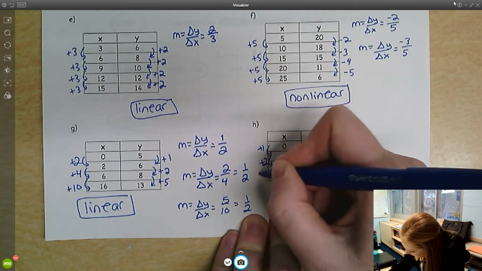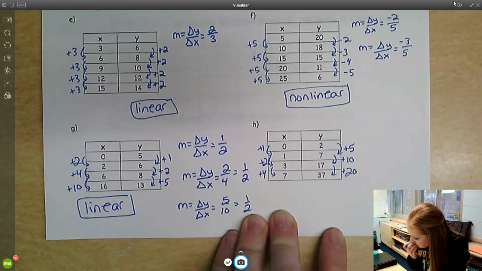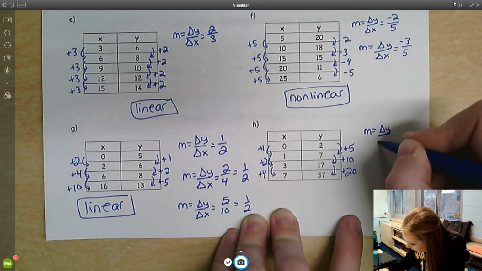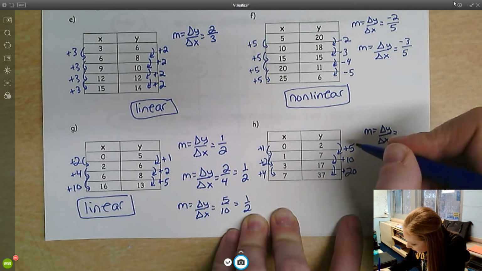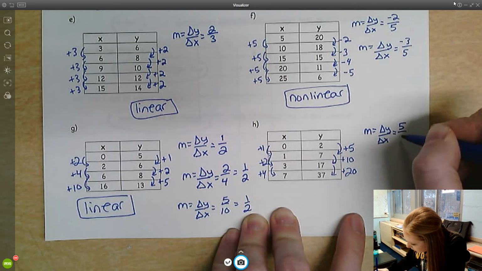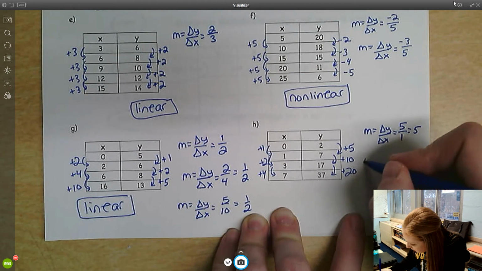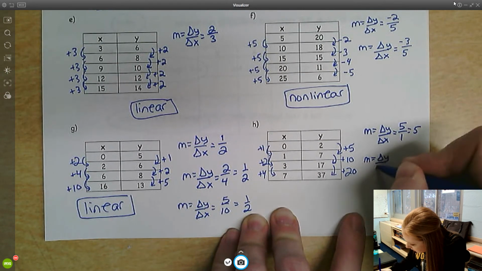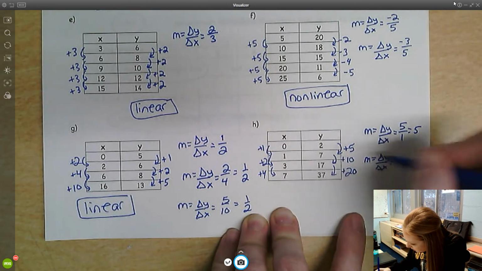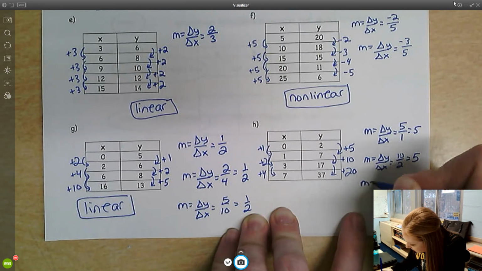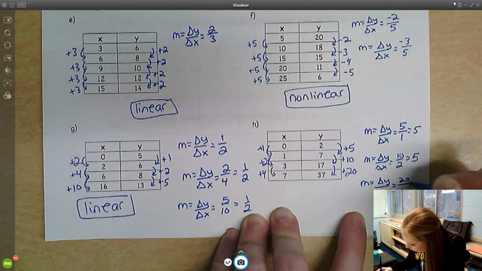Okay, and then for H, we're going up 5, up 1, up 10, up 2, up 20, up 4. Change in y over change in x to find our slope or our rate of change. So that would be 5 over 1, which is 5. Ten over 2, which also simplifies to 5. 20 over 4, which also simplifies to 5.